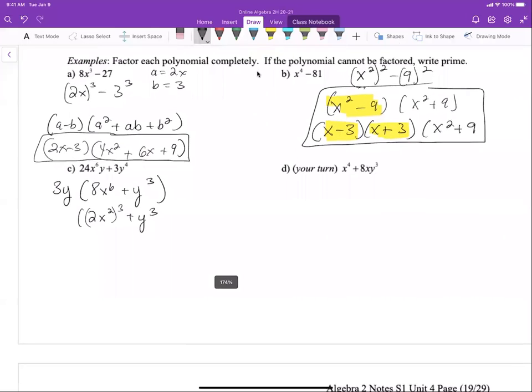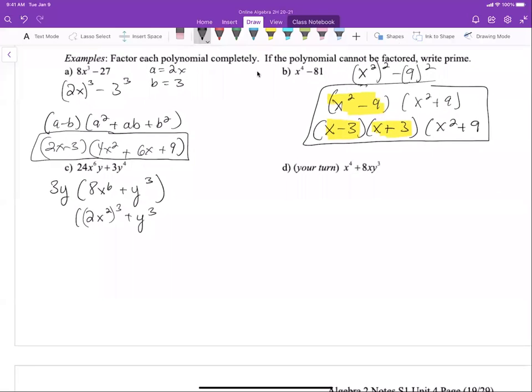Because I have x squared and I've cubed it, basically I have to multiply those exponents, right? So that becomes x to the 6, and then 2 cubed is 8. 2 times 2 is 4. 4 times 2 is 8. So we're continuing on. So we know that a is equal to 2x squared. B is equal to y.